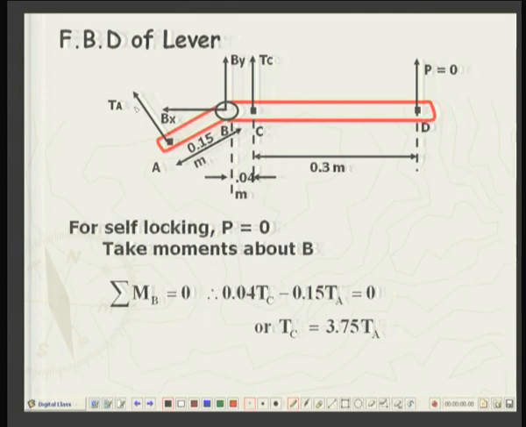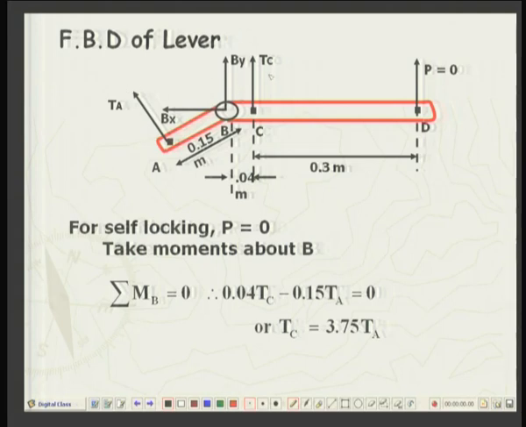Now, this is the applied force P, but since this system is self-locking, that is without application of external force, the braking action has to take place. So, we will set P equal to 0. These are the ends of the belt which is going over the drum. So, TA on one side, TC on the other side.